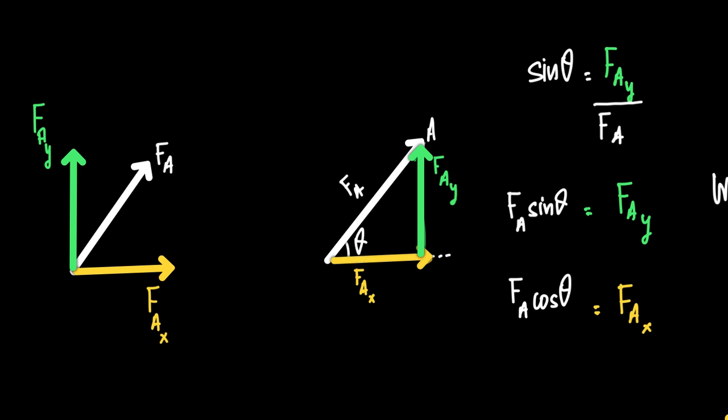What is sine theta? Fay, opposite, by hypotenuse, which is Fa. So what is Fay then? Fa into sine theta. Similarly, what is Fax? It is Fa into cos theta.